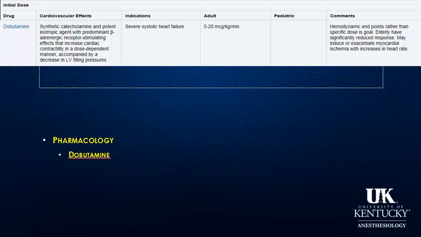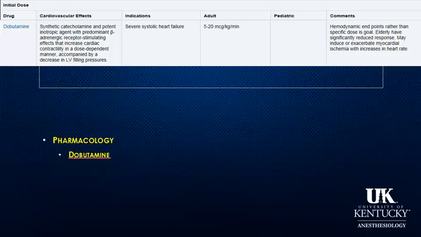In addition to epinephrine, dobutamine is included in the table of recommended medications in the treatment of cardiac arrest, and you should know that dobutamine is a synthetic catecholamine with potent inotropic effects.